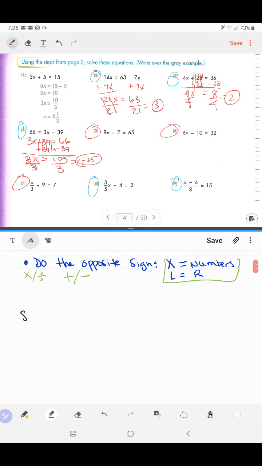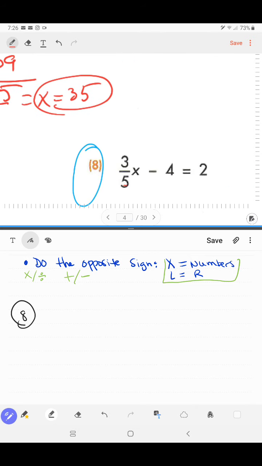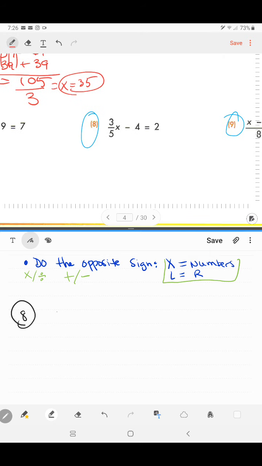Okay, number 8. Number 8 is what I was saying about there being a number on the bottom. So for this step, you're not going to divide by 3 how you would usually do it. You're going to multiply by 5 and then divide by 3. But we'll get to that in a minute. So we've got 3 over 5.